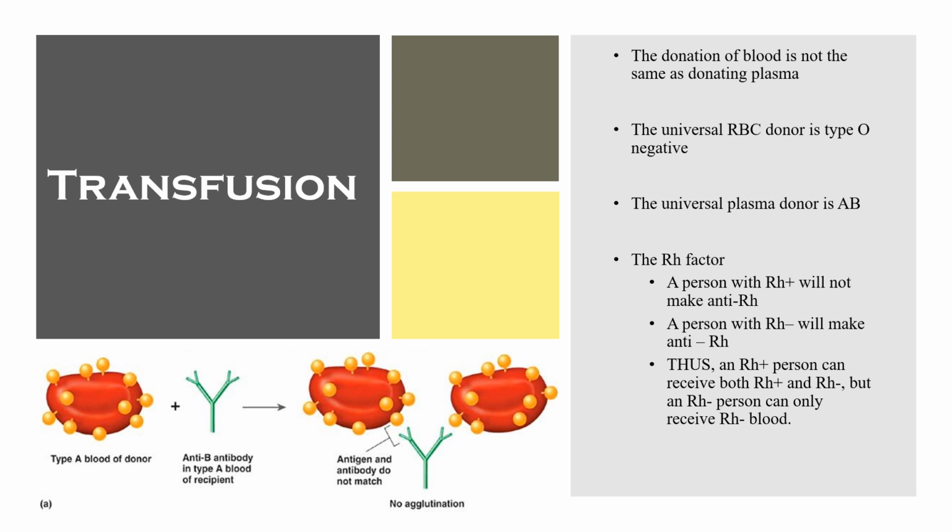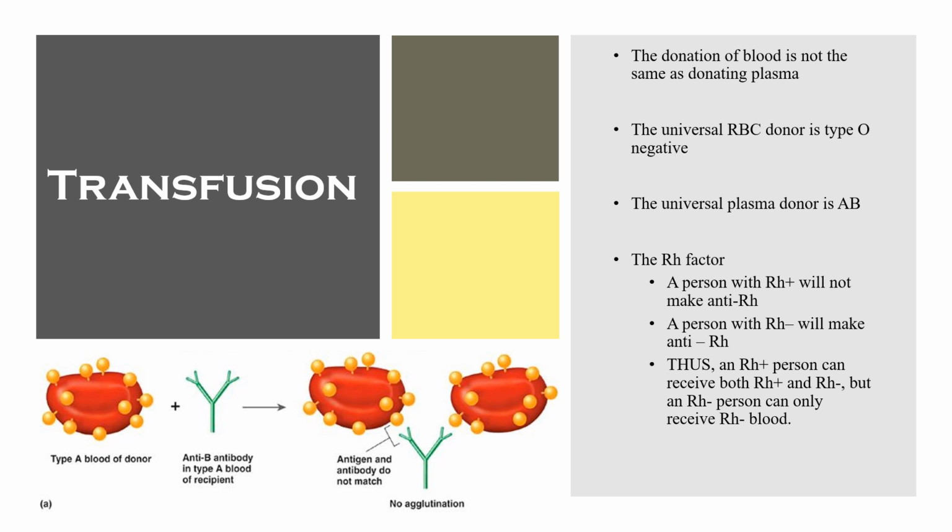Type AB has neither anti-A or anti-B antibodies. And so if someone is type A and they're given blood from type O, there's no risk of agglutination. And agglutination is just the clumping of cells when the antibody reacts incorrectly with the transfused blood group, right? And you don't want that to take place.